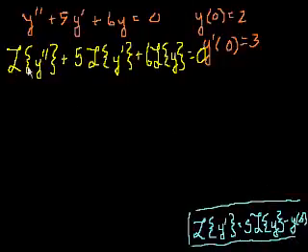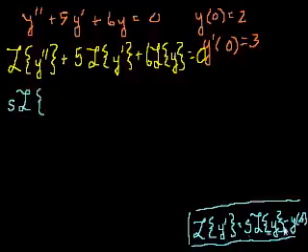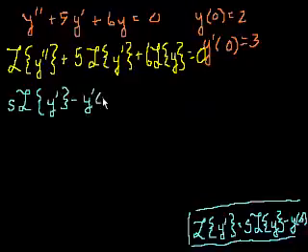So the Laplace transform of y prime prime, if we apply that, is equal to s times the Laplace transform of, well, to go from y prime to y, you're just taking the antiderivative. So if we're taking the antiderivative of the second derivative, we just end up with the first derivative, minus the first derivative at 0. Notice we're already using our initial conditions. I won't substitute them just yet.